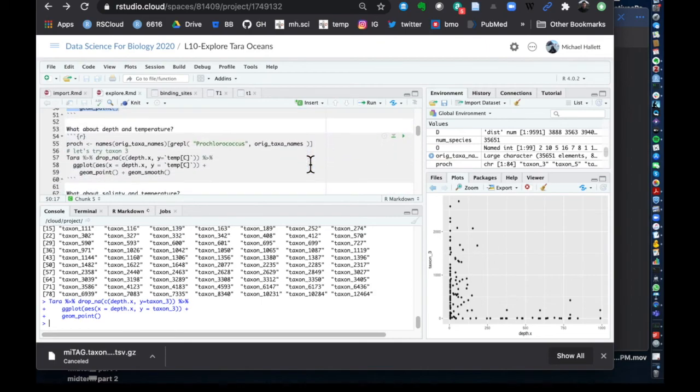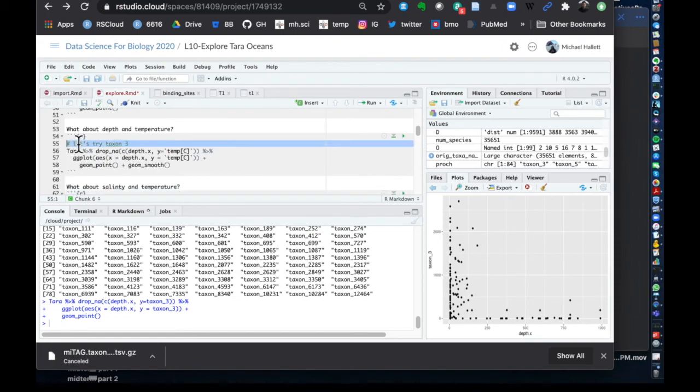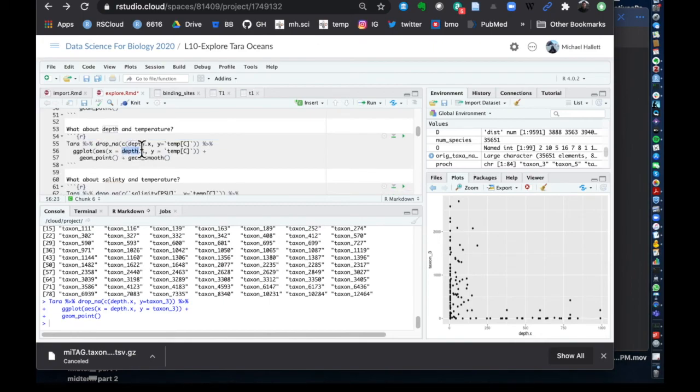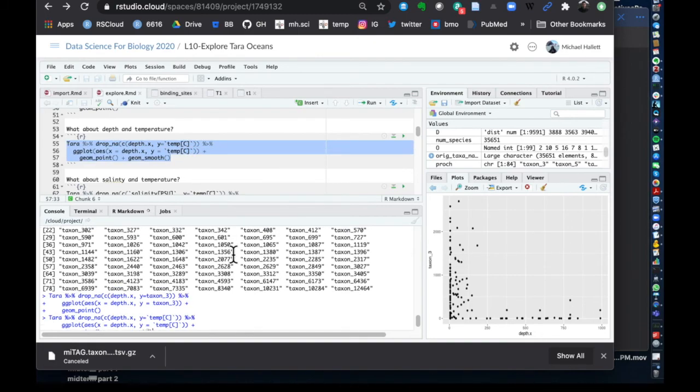Okay. So what about depth and temperature, for example? What if we asked, what's the relationship between the depth of a sample and temperature? I would guess that the deeper you go, the colder it should be.